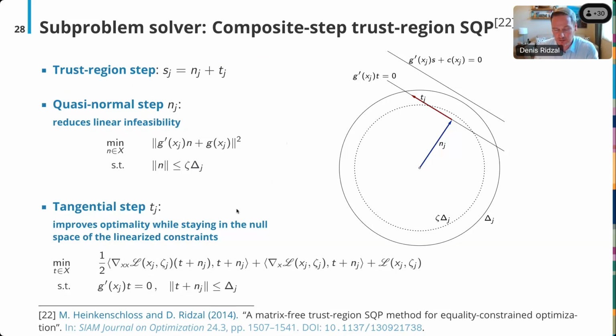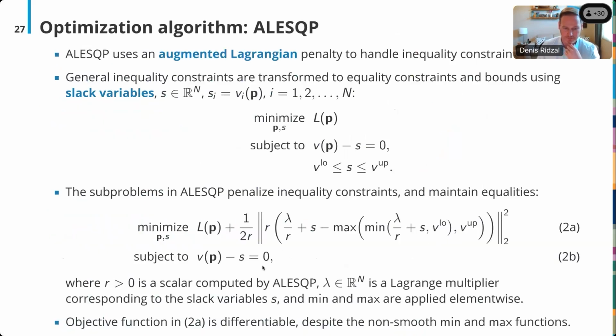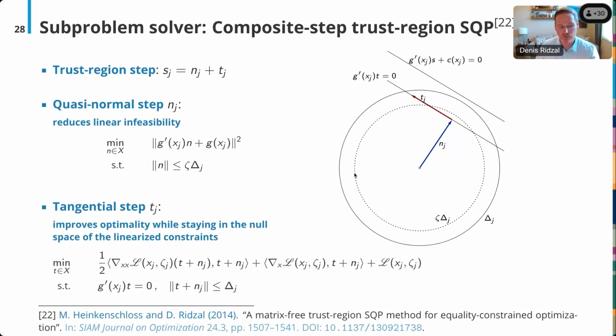I'll just say that the way it works is that we aim for the satisfaction of the constraints first, so these are the equality constraints here in 2B. And then we improve optimality while staying in the null space of the linearized constraints.